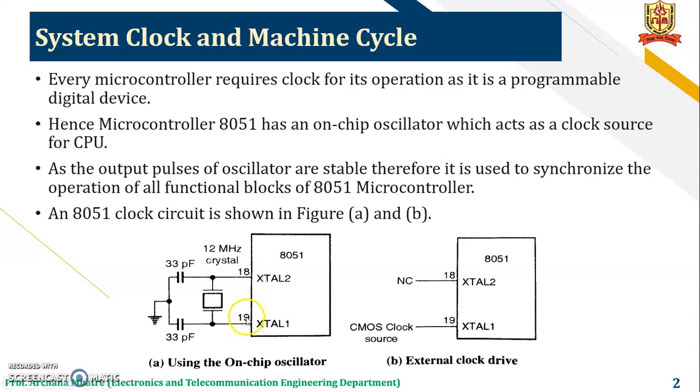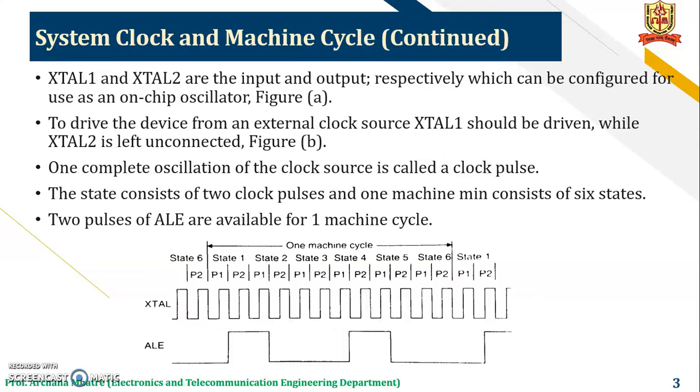These two pins are pin number 18 and pin number 19 of the 8051 microcontroller. A crystal type oscillator is used for the 8051 oscillator. And when it is connected externally, XTAL2 has no connection and XTAL1 is connected to the clock source.